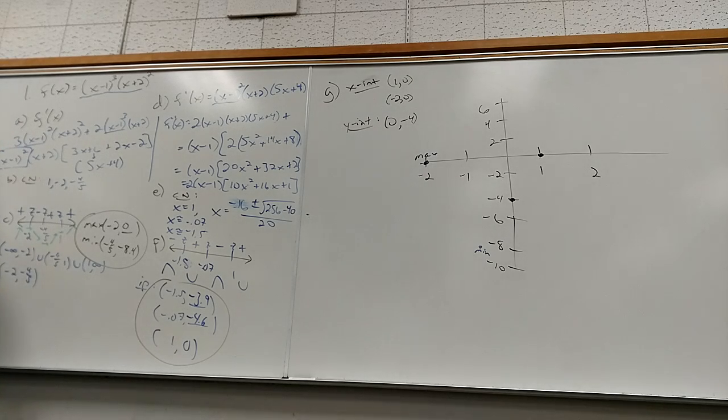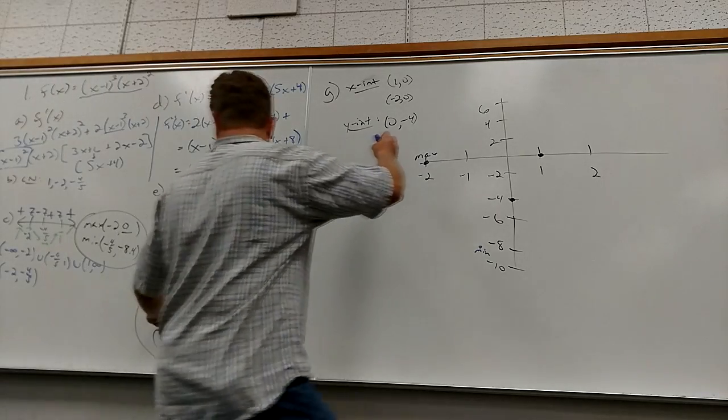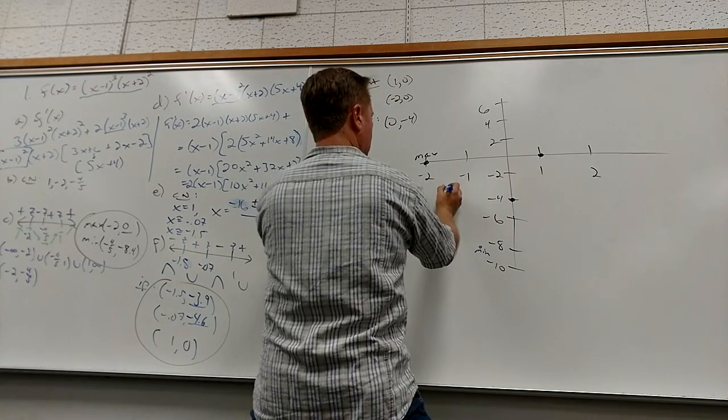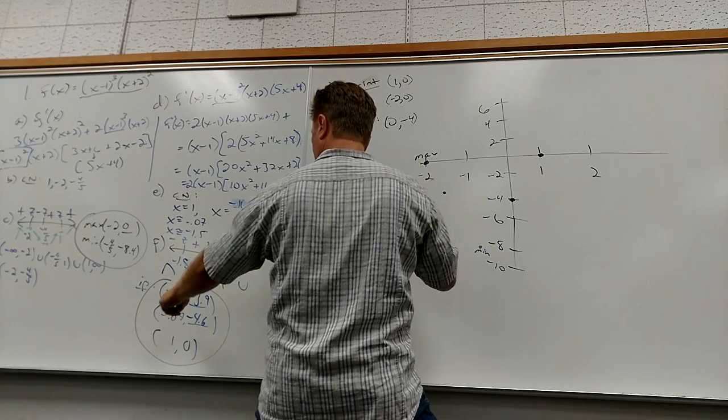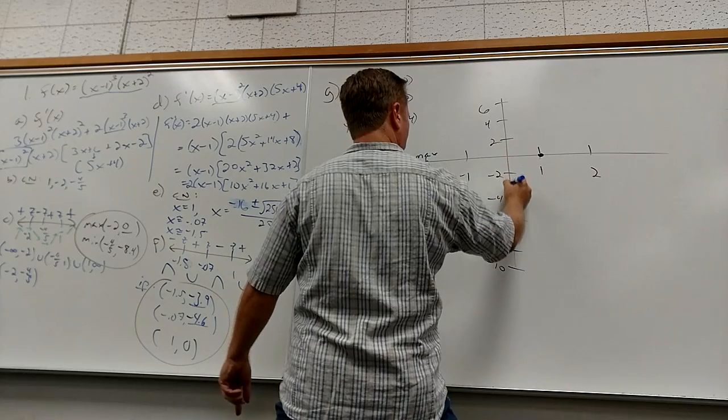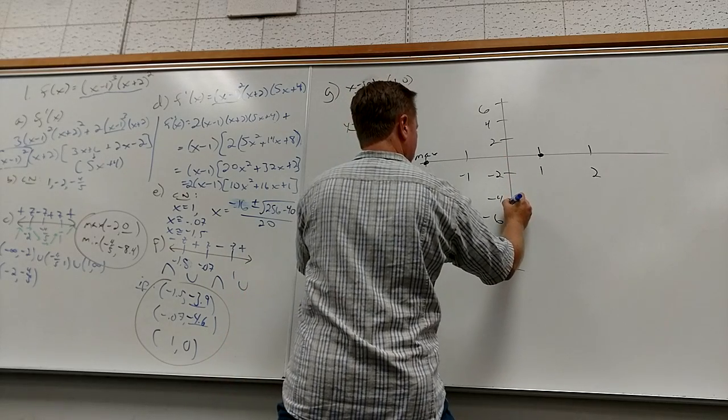How are we doing so far? You guys all right? If you label them as you plot them, graphing becomes super easy, or easier. Anything else? My inflection points: negative 1.5, negative 3.9, and negative 0.07, negative 4.6.